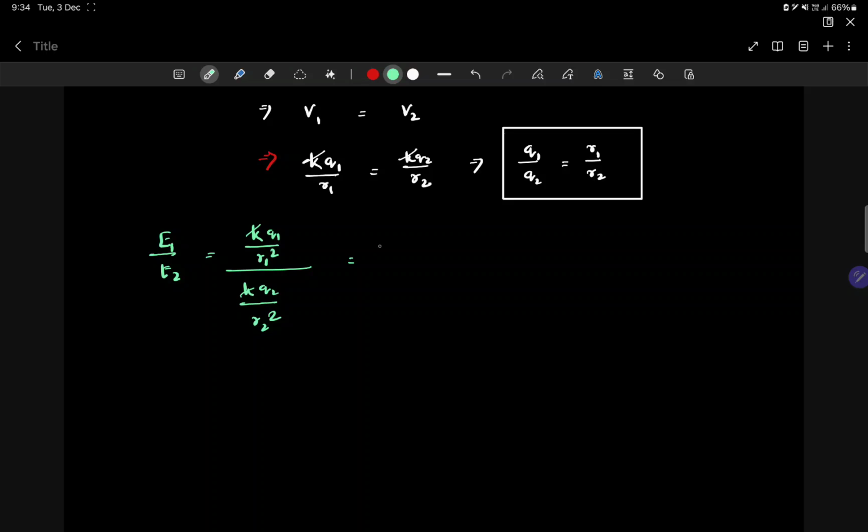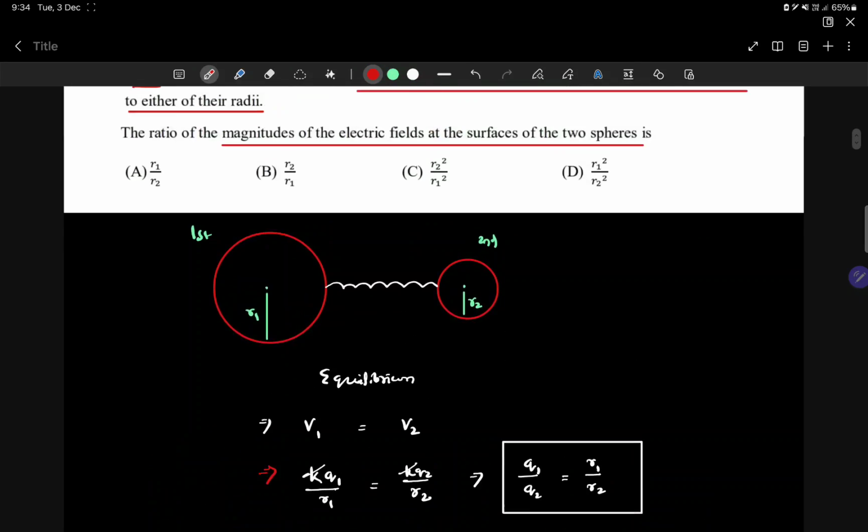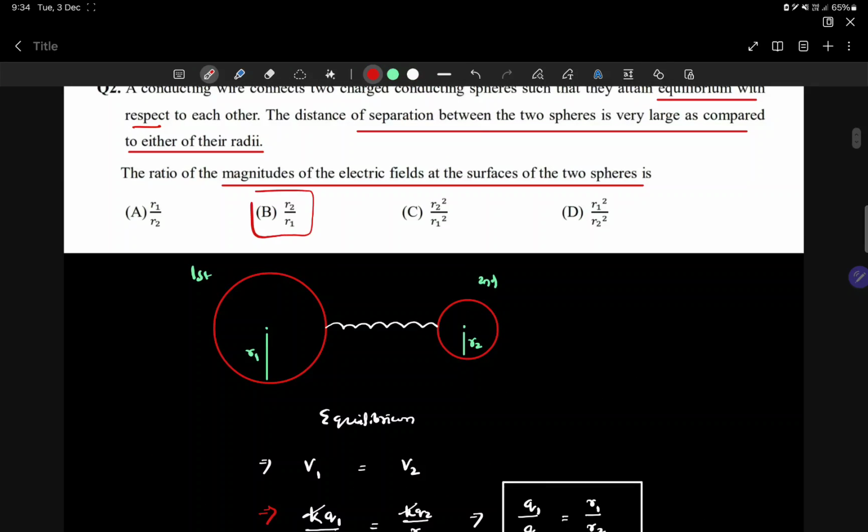So it will be Q1 by R1 square into R2 square by Q2, and we have Q1 by Q2 equal to R1 by R2. So R1 by R2 into R2 square by R1 square. So the final answer is R2 by R1. So in this question, option B is the correct answer.